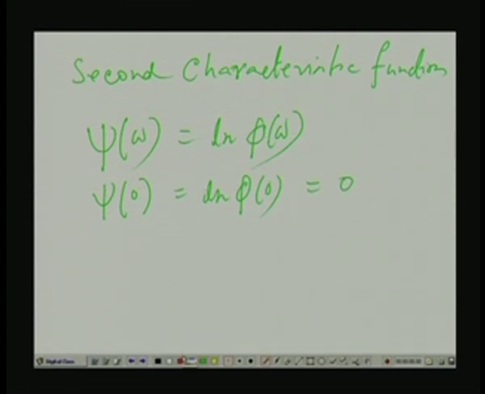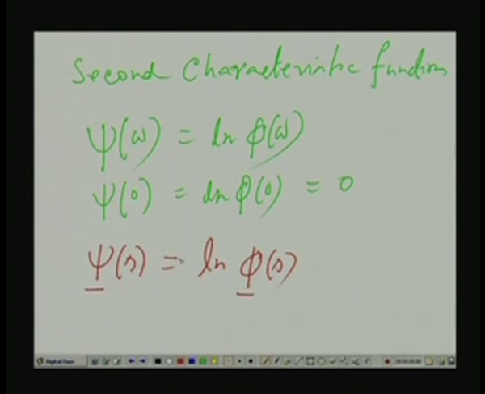But suppose you are dealing with the moment function or moment generating function phi underscore s. I am putting underscore because phi and phi underscore, they are two different functions, and it is not a function of the variable omega, it is a function of the general complex variable s. If you take ln of that, then again you get a different function, I call it psi underscore s.